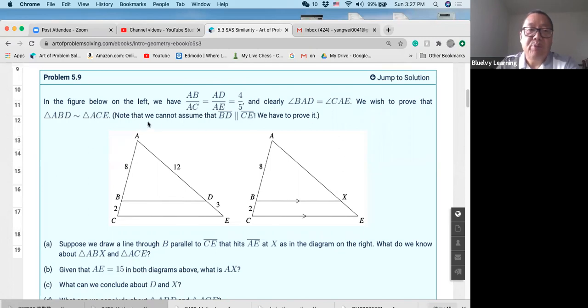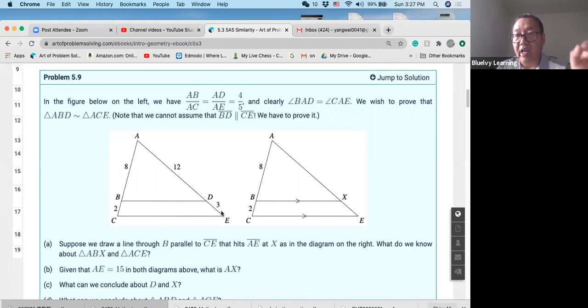We wish to prove that triangle ABD is similar to triangle ACE. Note that we cannot assume BD is parallel to CE. We did not give you the information that BD is parallel to CE. You cannot use this. Actually, we have to prove this.